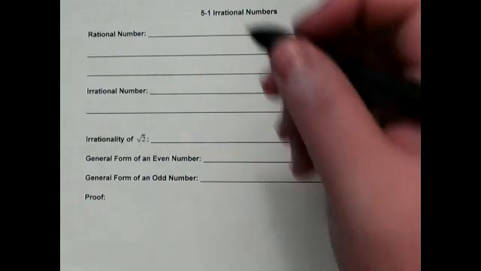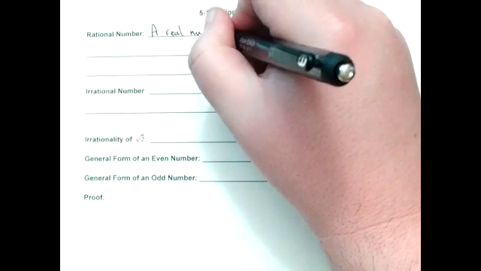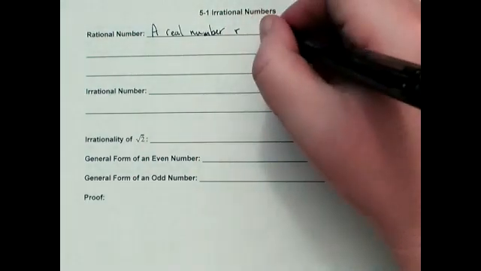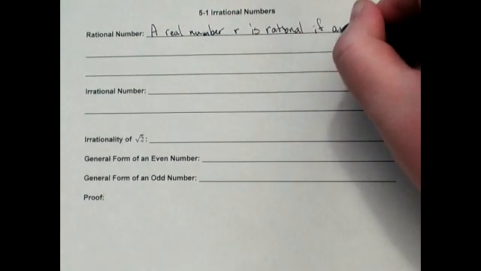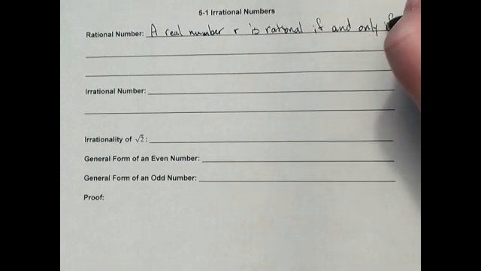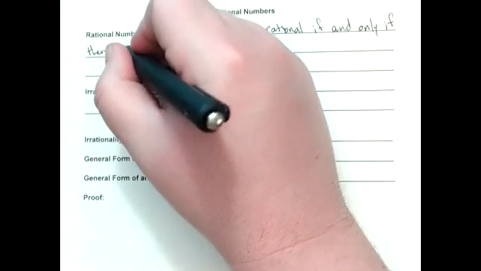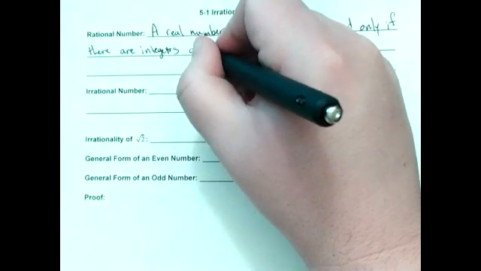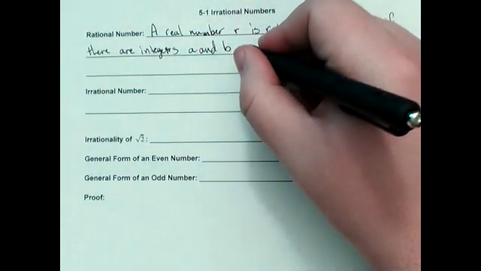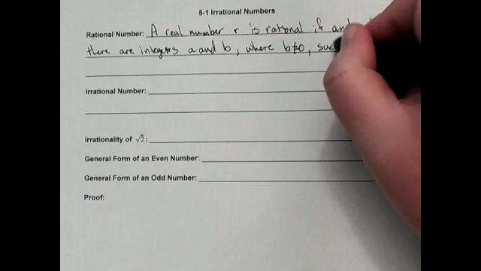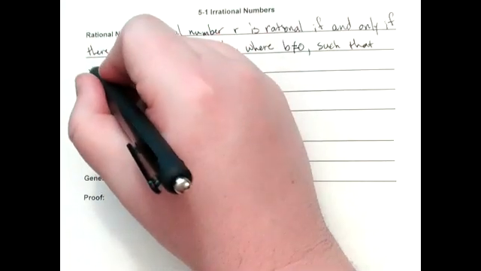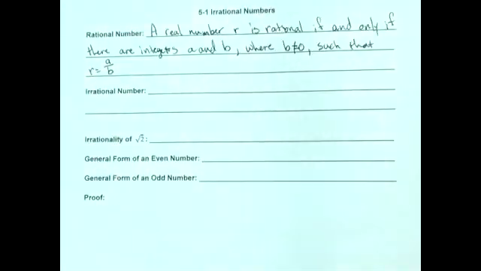So a rational number, we define that as a real number r, represented by the letter R, is rational if and only if there are integers a and b where b is not equal to 0 such that r is equal to a over b.